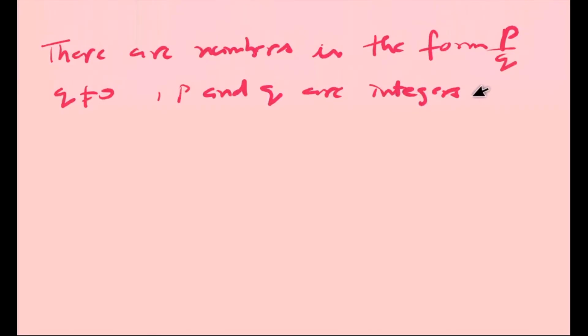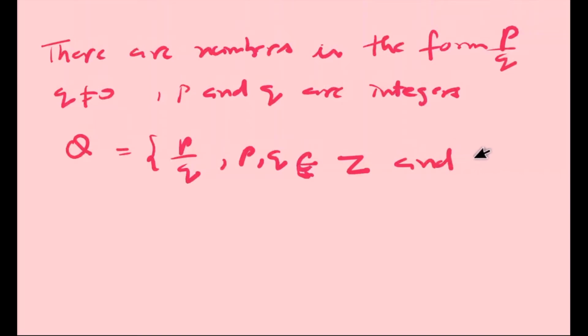Okay, and the collection of this set is known as rational numbers. It is denoted by Q, p upon q, where p and q belong to Z, this is the symbol for belongs to, and q is not equal to 0.